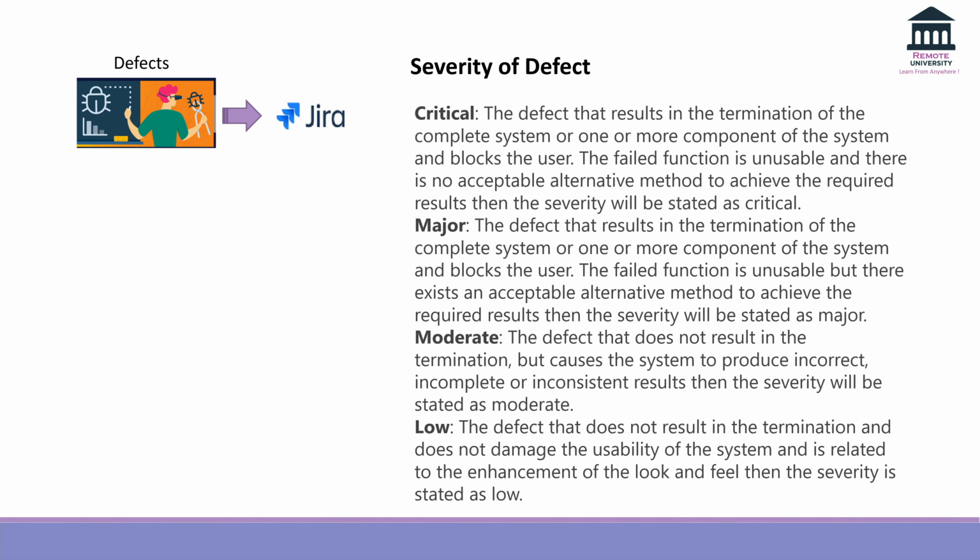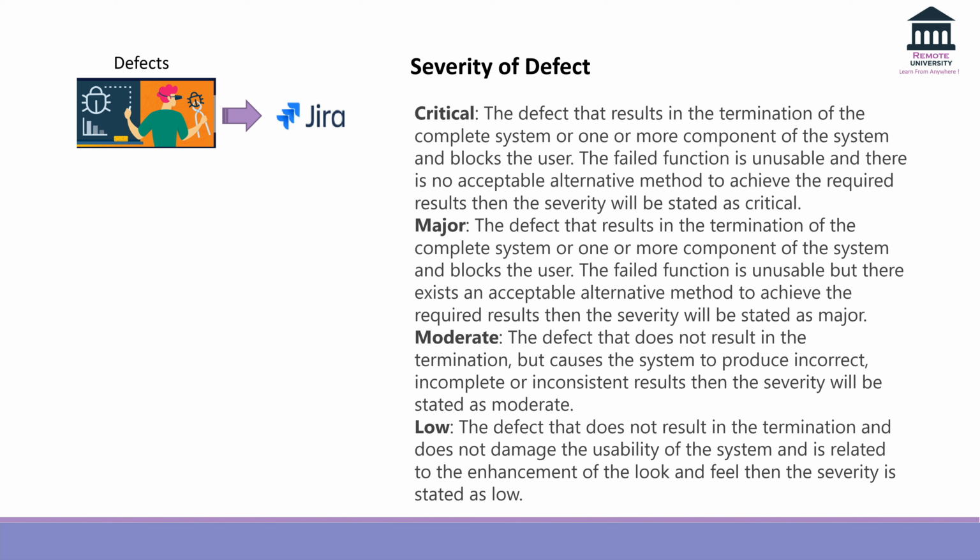When you log a defect, we need to set the severity of the defect. This severity is categorized into 4 levels, depending on the impact of the issue you are seeing on the application, business, or functionality.